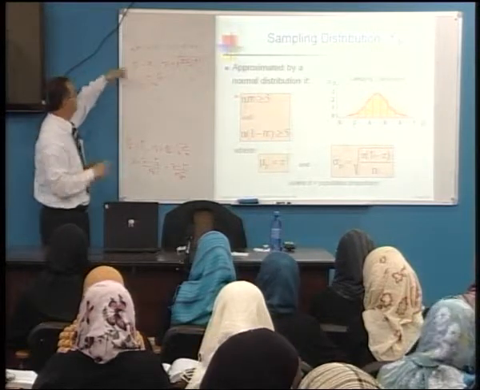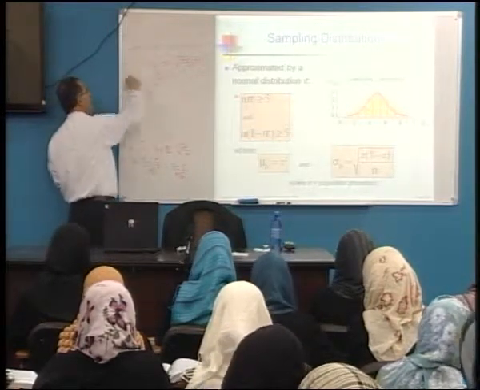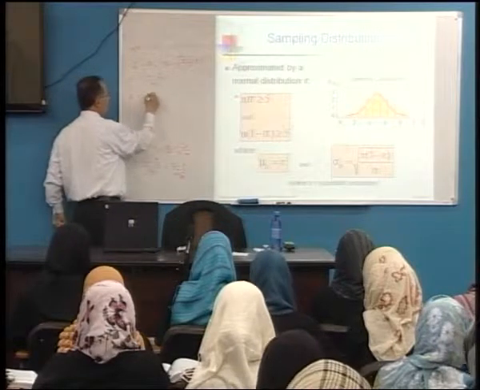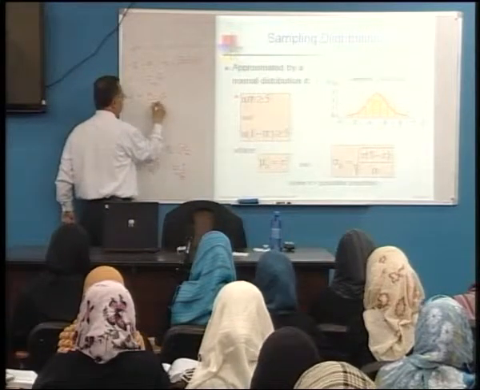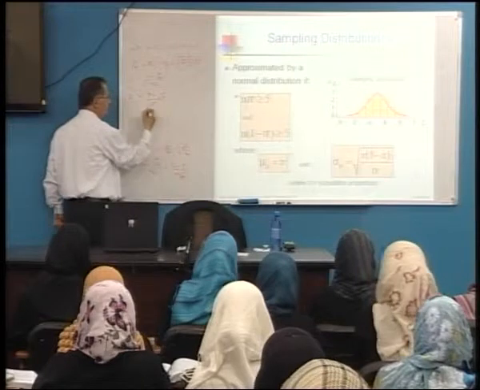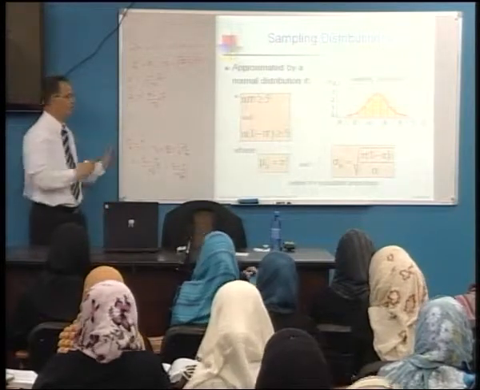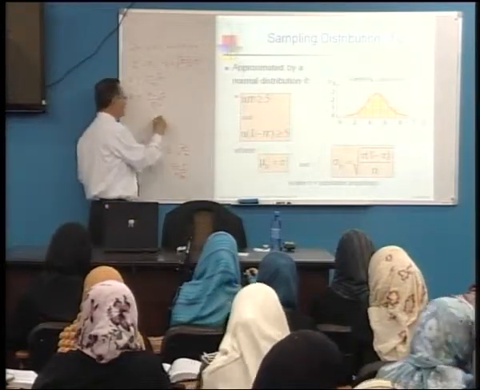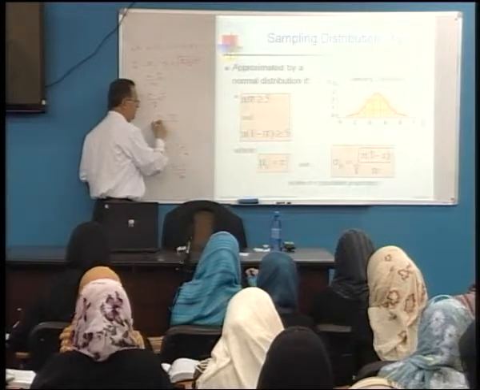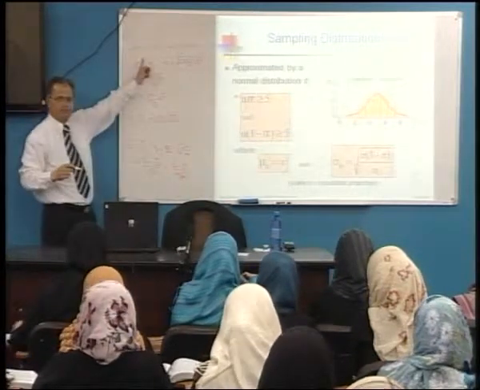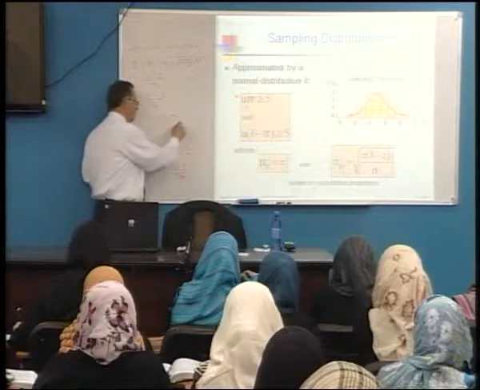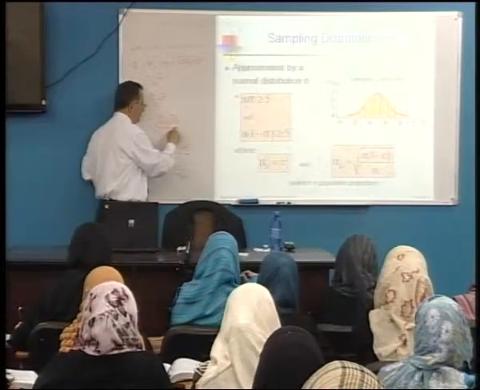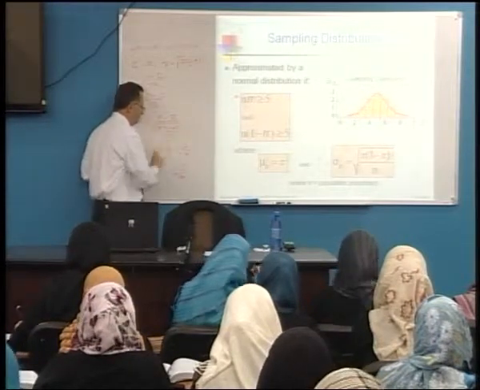Now let's compute the z-score for p. So z equals p minus the mean of p divided by sigma of p. In this case, the mean of p is pi, divided by the square root of pi times 1 minus pi divided by n.